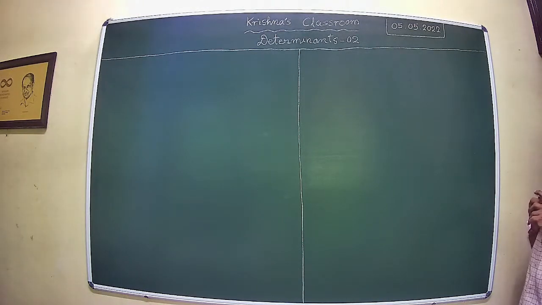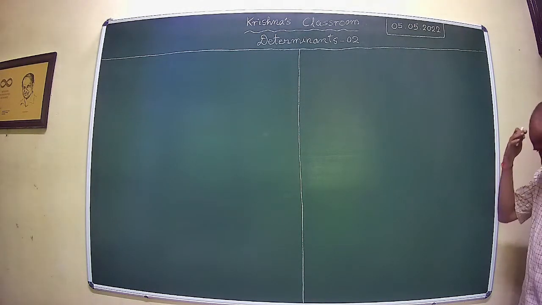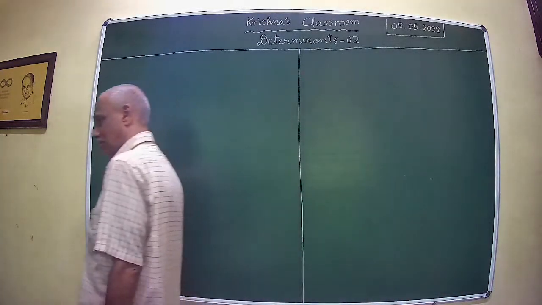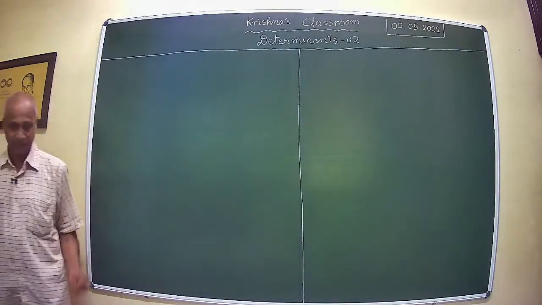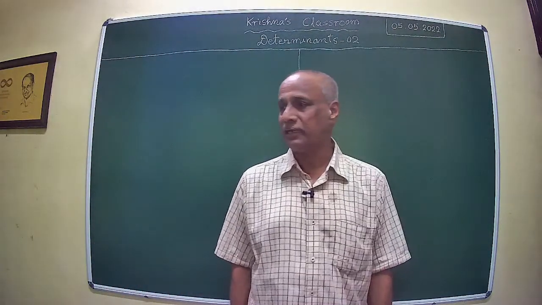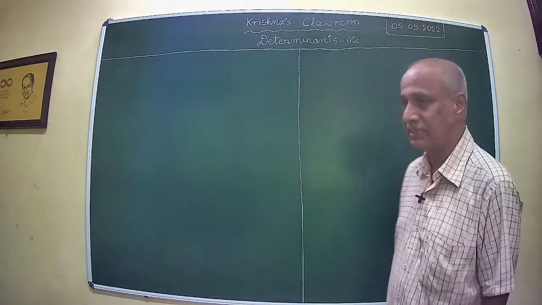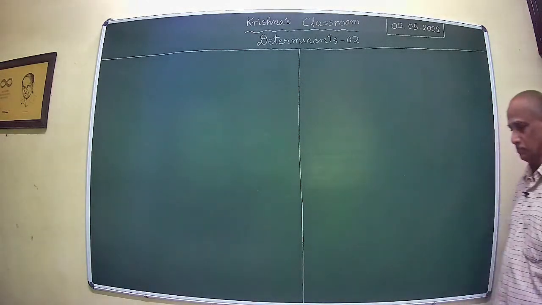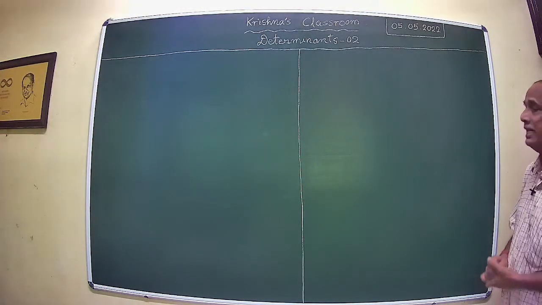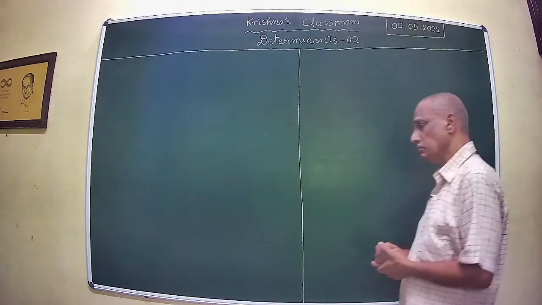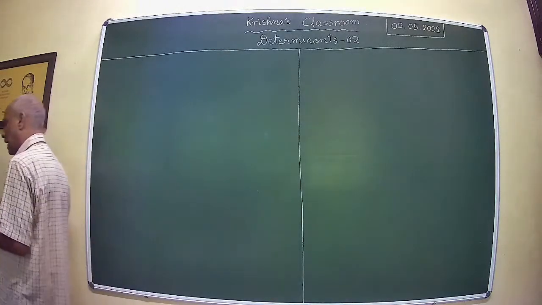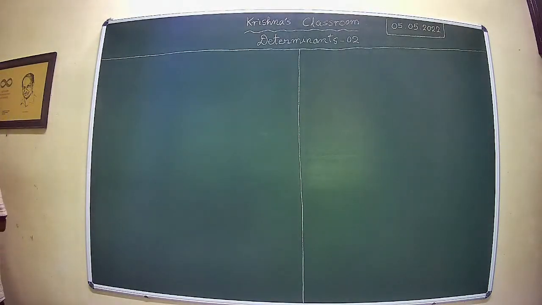Before we generalize it, it is better to look in depth at what happens in this 2 by 2 case, because that will give an insight into the problem. As I said in the beginning, determinants are not something arbitrarily defined.